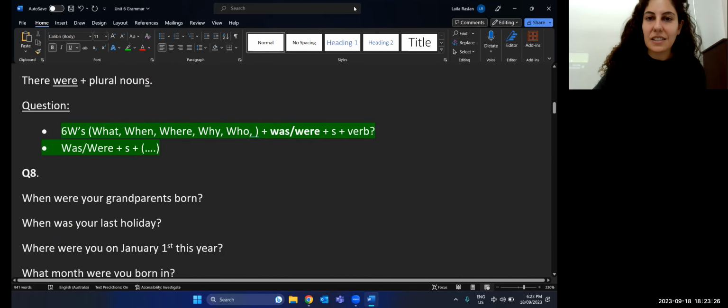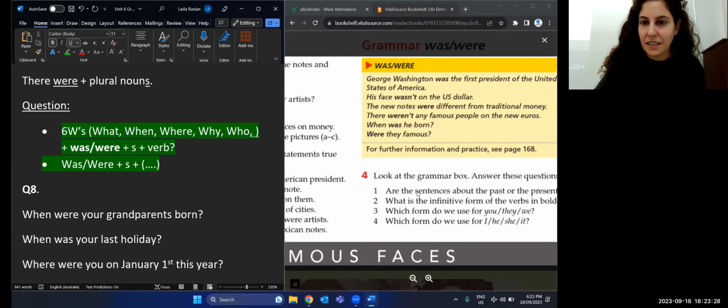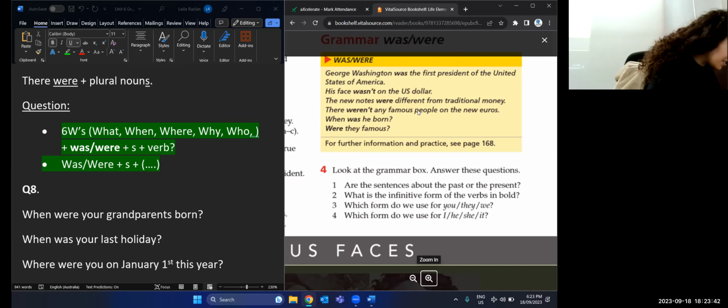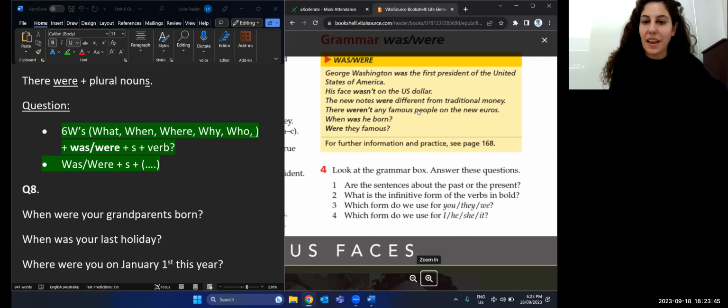Okay, let's look at the grammar box, which we did before, but this time answer these questions. So are the sentences about the past or the present that we just read before? Past? Yep, so we can circle past. What is the infinitive form of the verbs in bold?